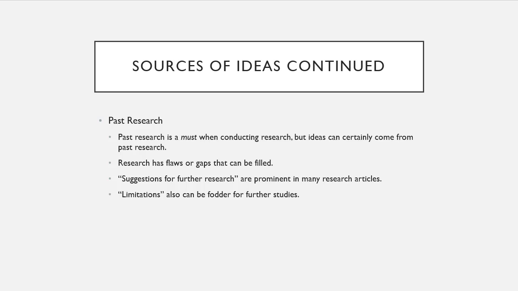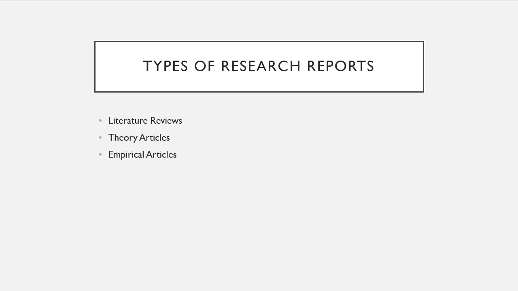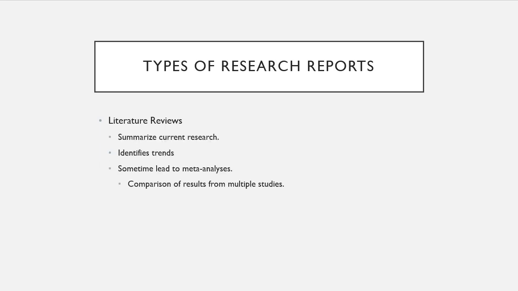But first, let's talk about the types of research reports that are available for you to look at. The three main types are literature reviews, theory articles, and empirical articles. And we'll look at these in no particular order. They're presented in this order on the slide, but there is no rhyme or reason to why they're in that particular order. So let's take a look first at literature reviews.